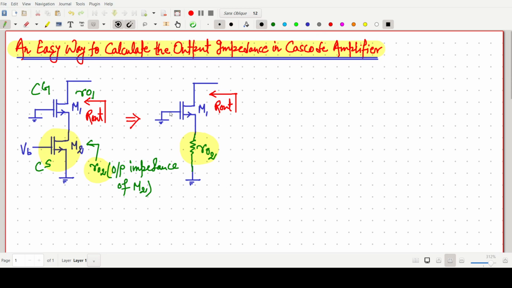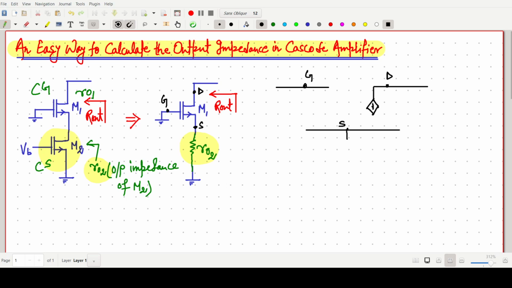First, this is our simple gate, drain and source. The arrow sign will always give the source. We have to make the small signal model because we have to find out the output impedance. So this one is gate, drain, and this one is source.